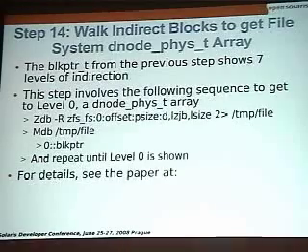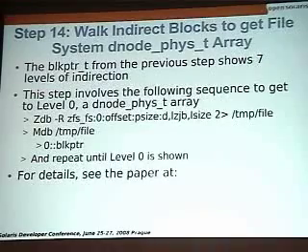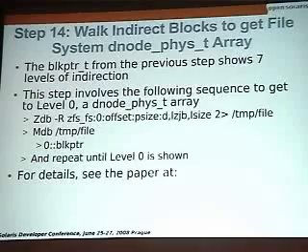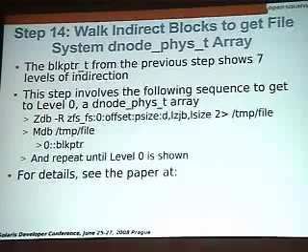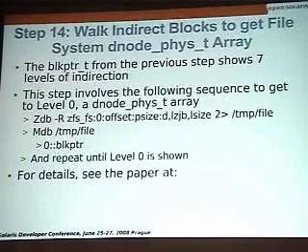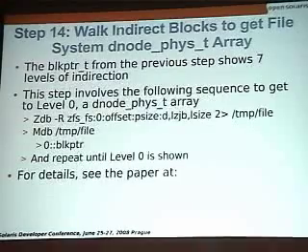You go through each level in sequence, and I always look at entry 0 at each level because I want object ID 0, 1, 2. I want the beginning of the array, which is where the stuff specific to the root of the file system is. And I keep doing this sequence of ZDB and MDB until I get a block pointer that says I'm at level 0. I've gone through all the indirection.